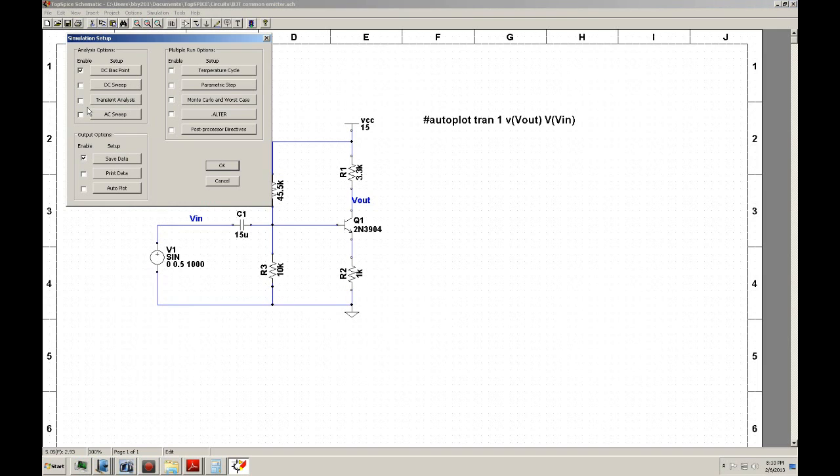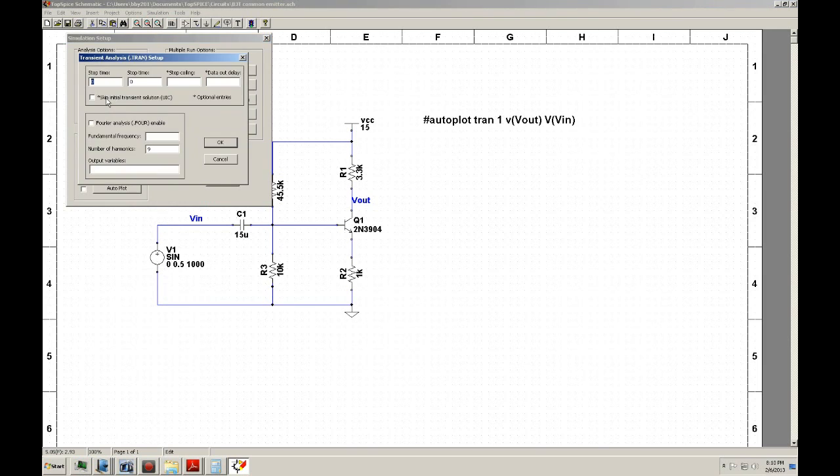Okay, and he gave you the time step. Oh, maximum 10 microseconds.